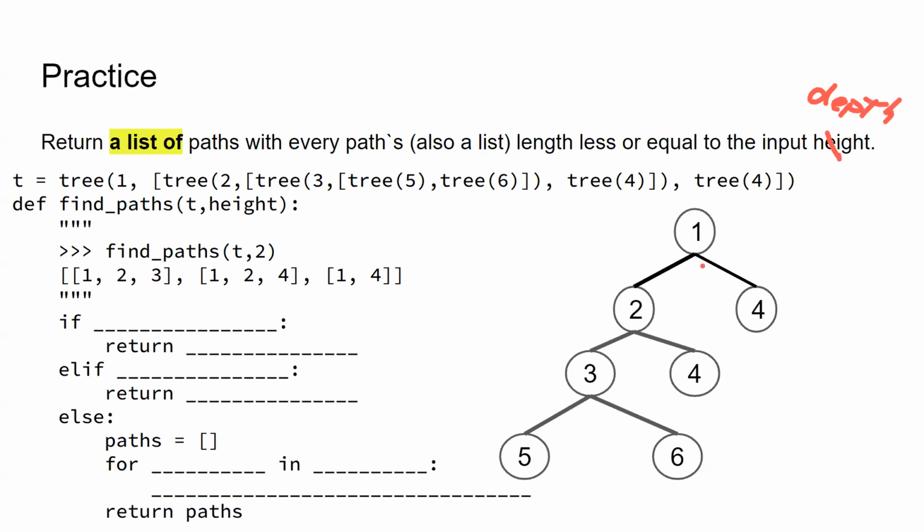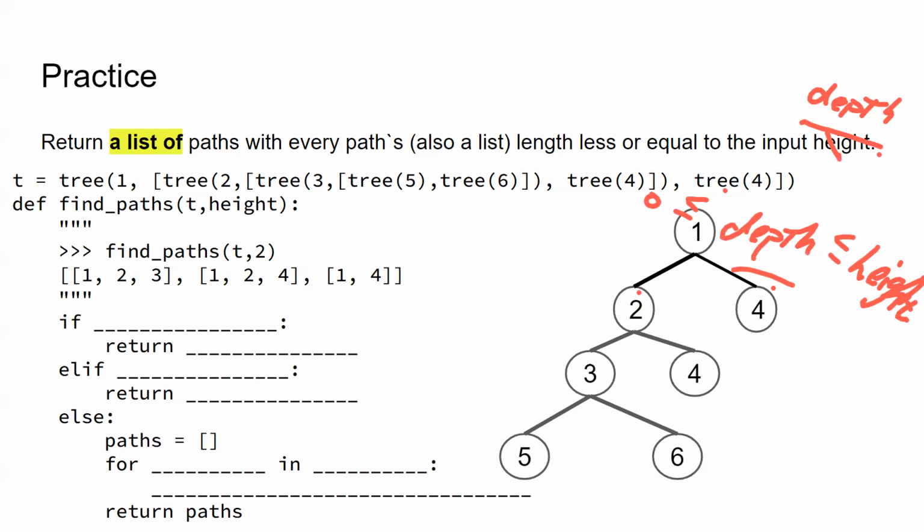The height of this tree is 1, 2, 3. The height is 3, but depth is smaller than or equal to height. There will be only one height in the tree, but there can be several depths in the height. This is the domain of the depth. Yeah, it can be as small as 0. It can be as big as the height of the tree.